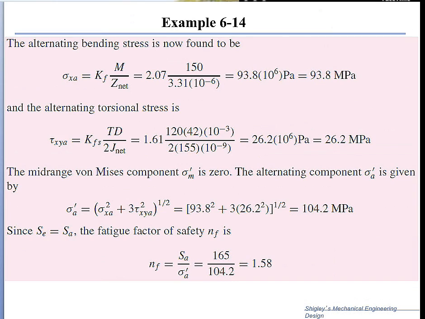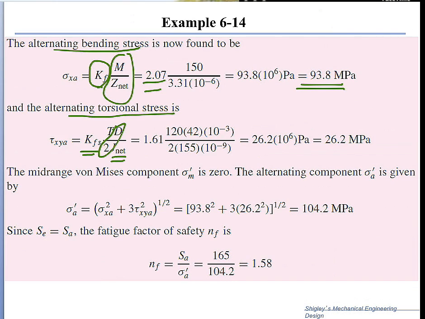For the alternating bending stress, we have M over Z, and now we multiply by Kf, the fatigue stress concentration factor that we computed before, and we do the computation, we get 93.8 MPa. For the alternating torsional stress, we use the stress concentration factor for shear, and we have the torque times d over 2 divided by J net, which is the difference between outside and inside. That gives us 26.2.